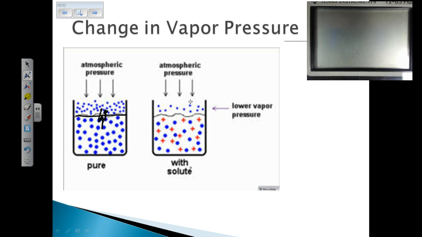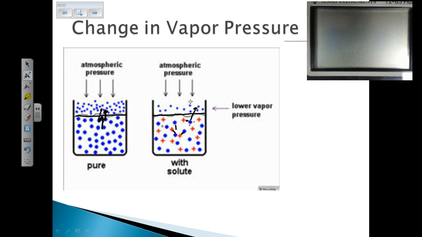Now, when you add a solute to the solvent, the interaction between the particles prevents them from jumping into the vapor state. They are not as likely to jump out because of intermolecular forces, the attraction going on between all of these things.